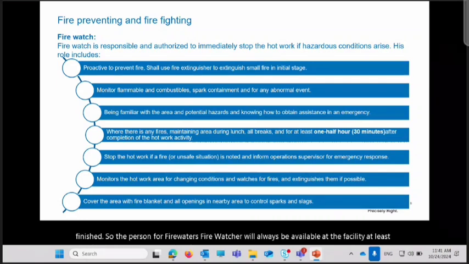So in case there is an open flame or spark, he can respond immediately to extinguish the fire. You must have fire retardant cloth.